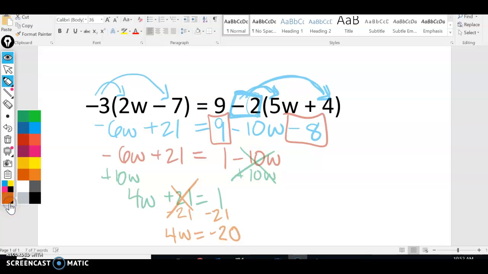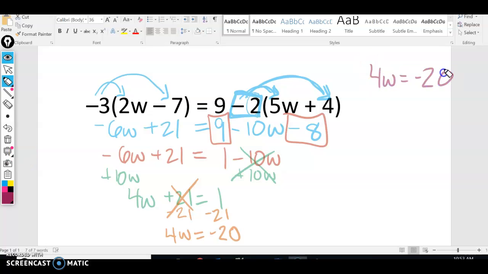The last step is to do the division property of equality. I'm going to rewrite my equation up here. I'm going to divide both sides by the coefficient, canceling that out, making a 1. And then negative 20 divided by 4 is negative 5. Always box your answer.